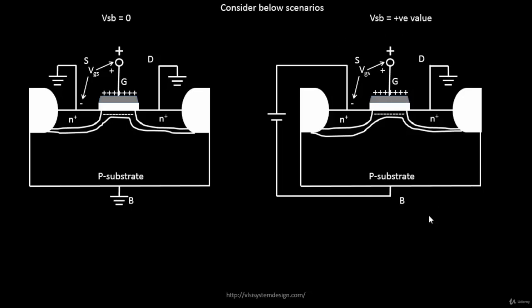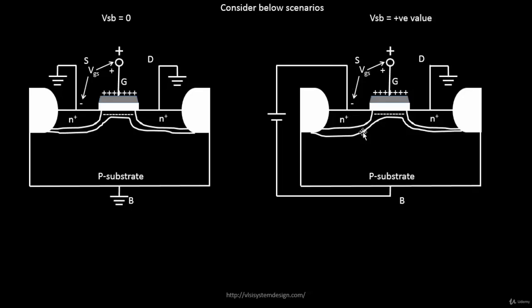So when you apply a positive VSB to this terminal, what happens? The first thing that you can directly see is this is a PN junction diode. So the depletion width over here will be more compared to what you see over here. Why is that? Because now this PN junction diode is more reverse biased.